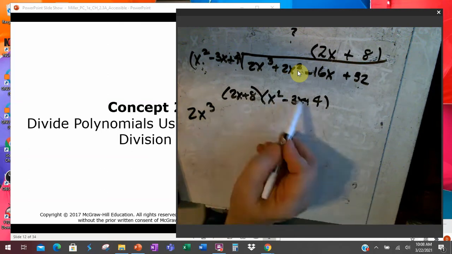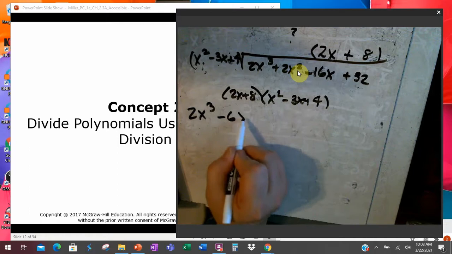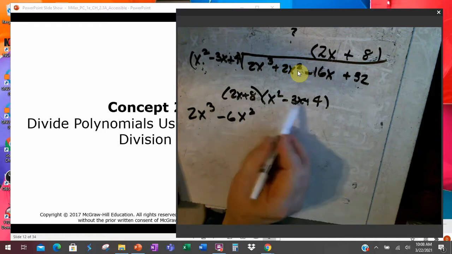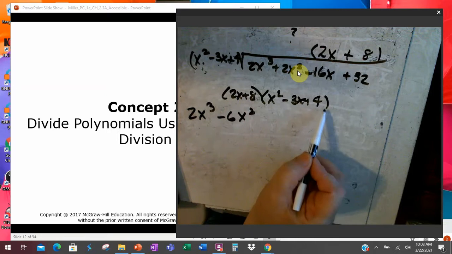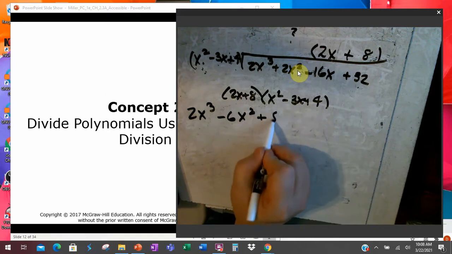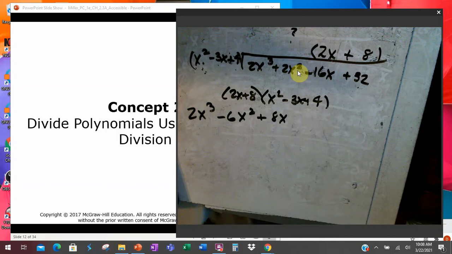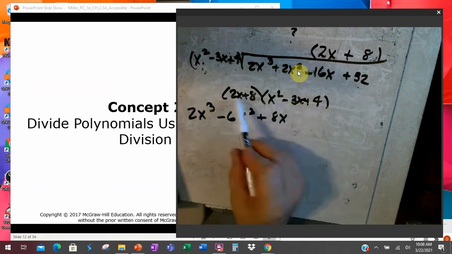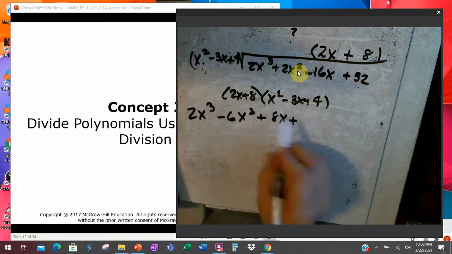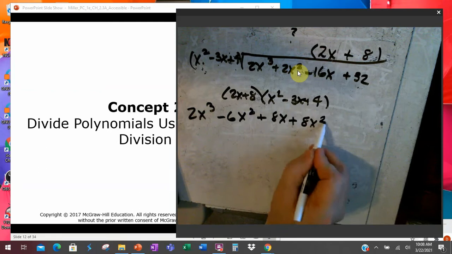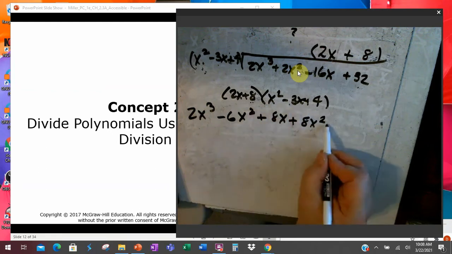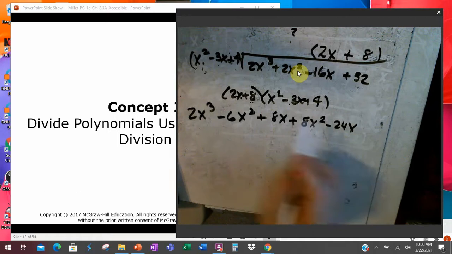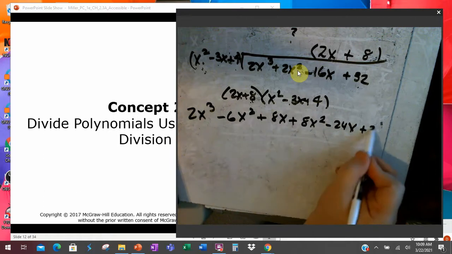Minus 3x, so 2x times minus 3x is minus 6x squared, and then the 2x times the 4 is my 8x. Once I distribute, then I start with here, plus 8x squared. 8 times minus 3 is my minus 24x, and then plus 32.